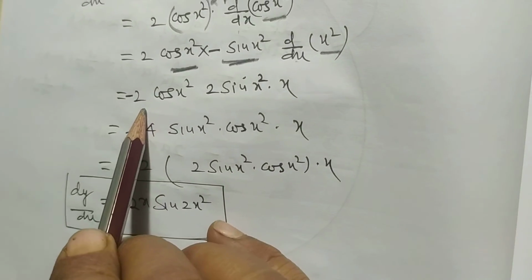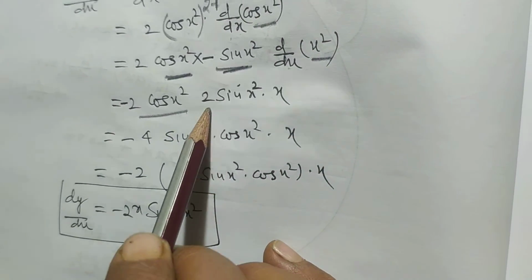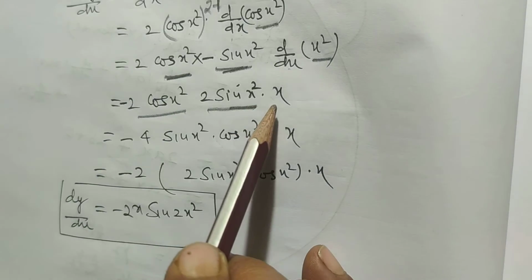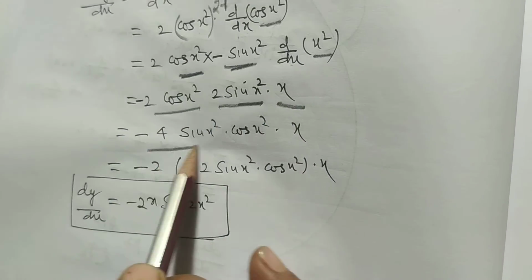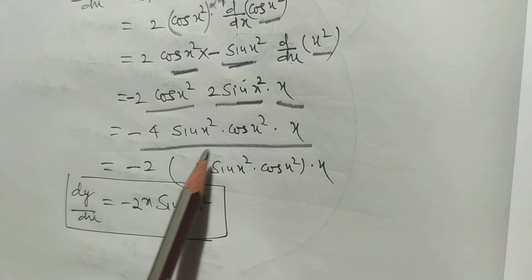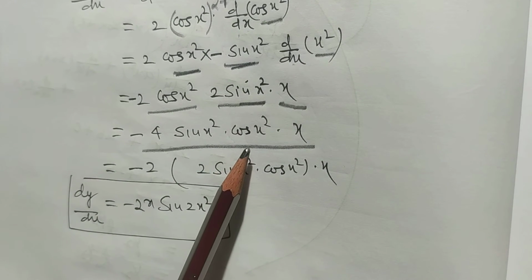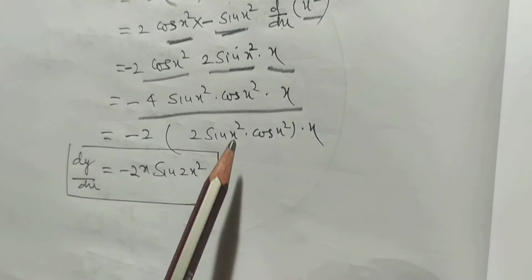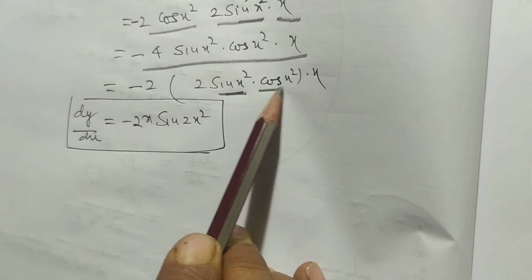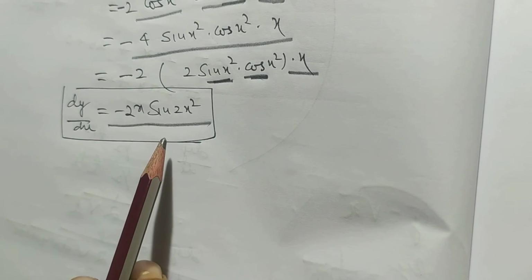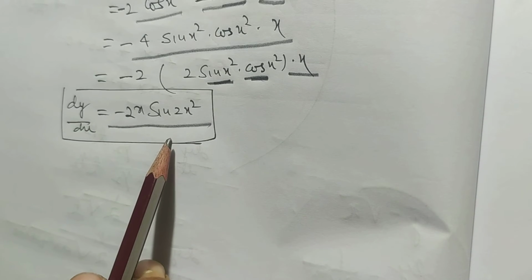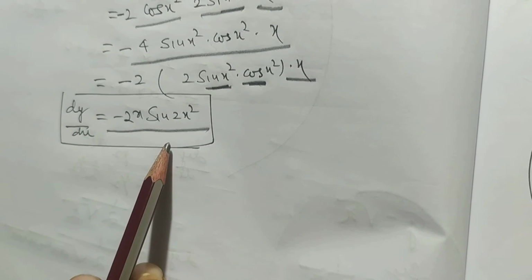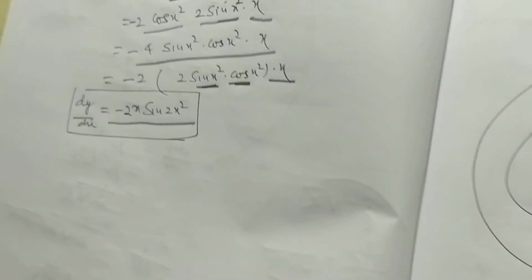So it will be minus 2 cos of angle x square into twice sine of angle x square into x, and after solving we have minus 4 sine of angle x square into cos of angle x square into x, that is minus 2 into sine of angle x square cos of angle x square into x. So dy by dx is equal to minus 2x sine of angle 2x square. In this way we can solve this problem.